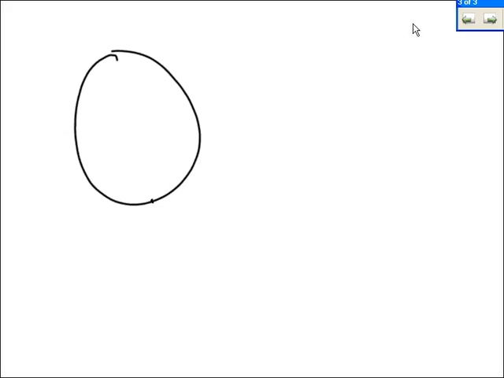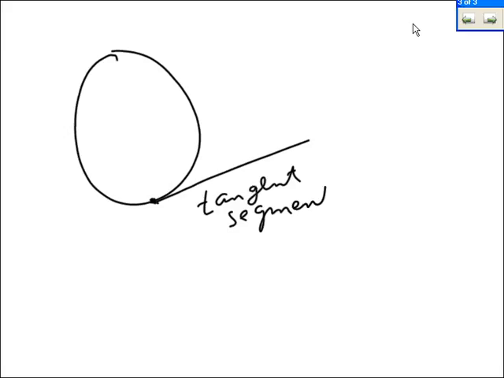So we will call this a tangent segment. And you must learn these definitions. It's a ray. Make believe that's the line, but only keep the part that starts at the point of tangency and goes in one direction.